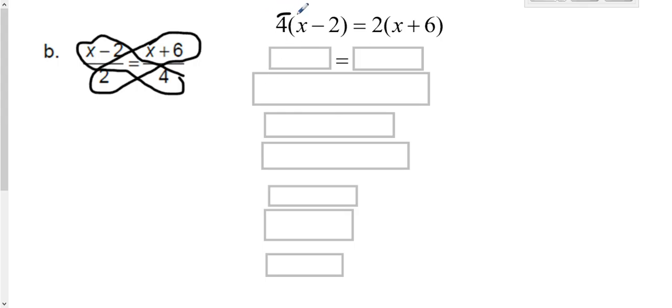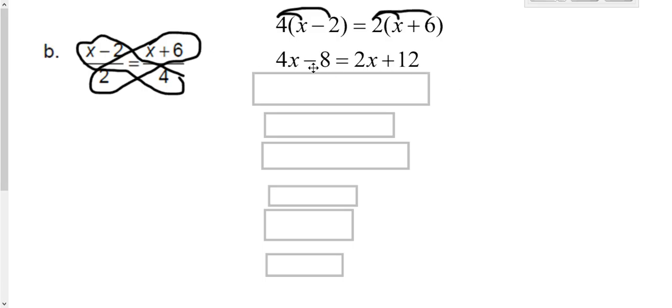On this side, we got 4x, and then 4 times a minus 2 makes -8. Well, 4x minus 8. The second one, 2x, and then the 2 times the plus 6, multiply times both of them, makes 12.